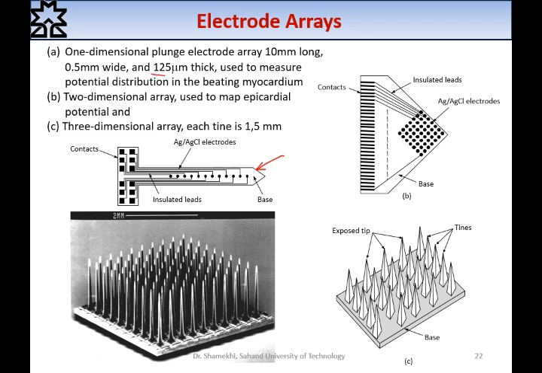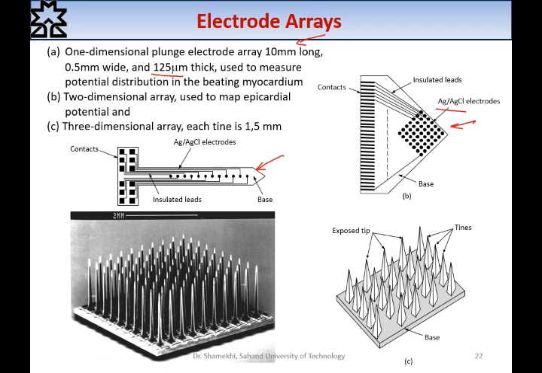The thickness is very low, and also the length is small. We can fabricate such an arrays electrode in two-dimensional array, and also we can fabricate it in AgCl structure. These types of electrodes can be used for recording from, for example, some specific surfaces on brain.